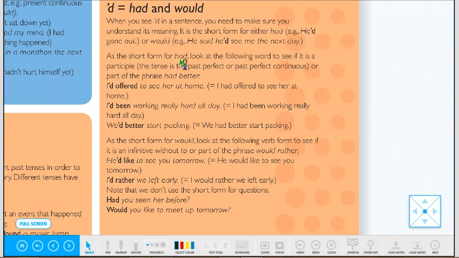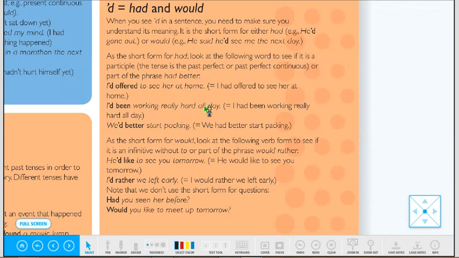As the short form for had, look at the following word to see if it is a participle. What I just said, no? The tense is the past perfect or the past perfect continuous or part of the phrase had better. I had offered to see her at home, or I'd offered, because this is the past participle.